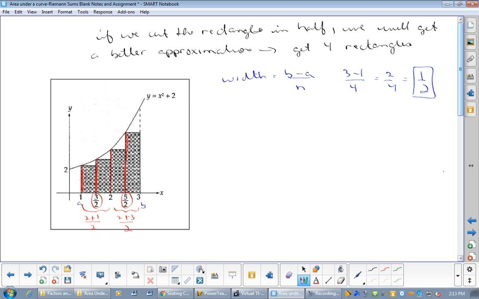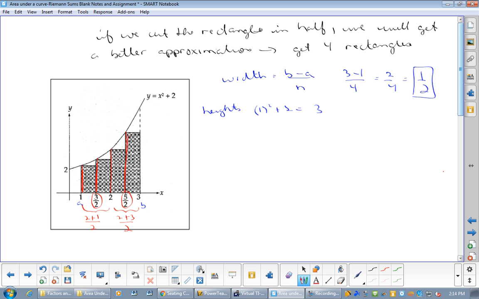Now, how do we find the height of each rectangle? You find your height by plugging your numbers into x squared plus 2. So if we're finding heights, the first height would be 1 squared plus 2, which equals 3.